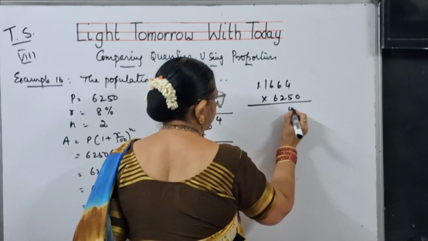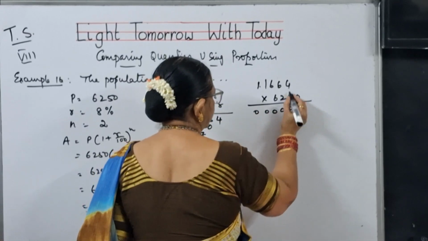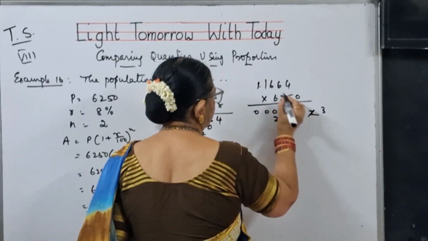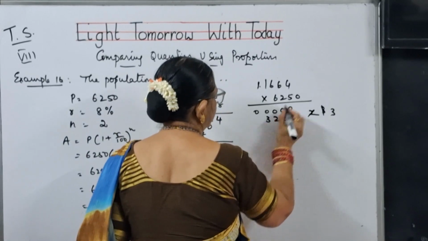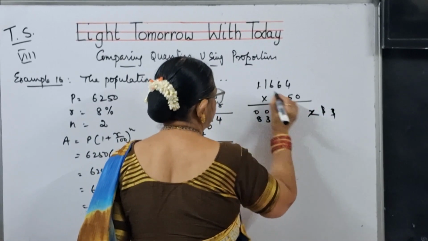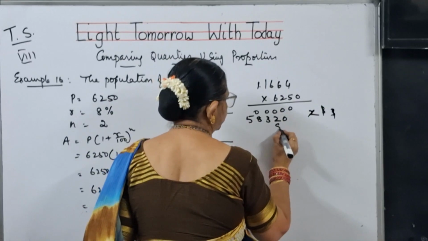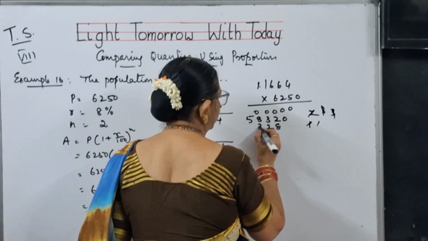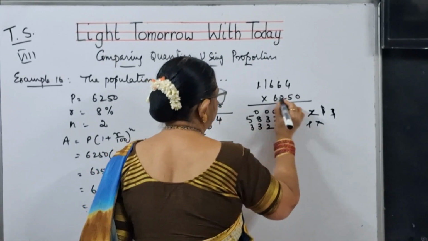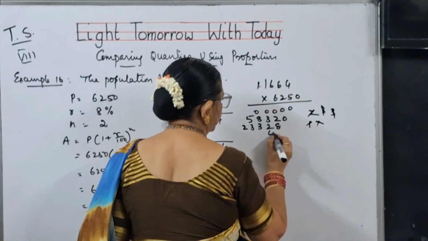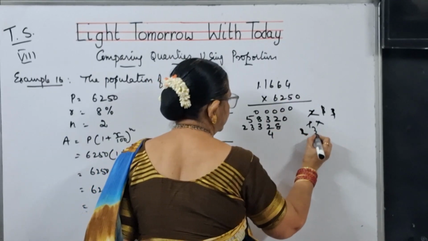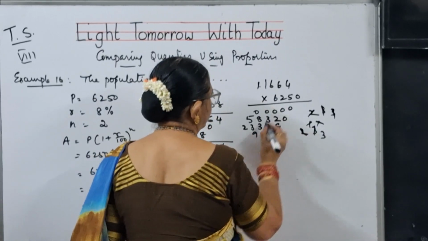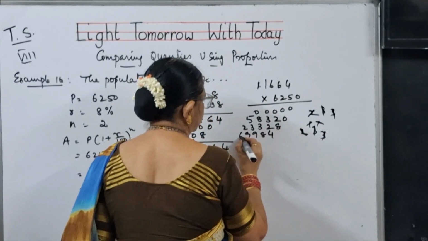This should be multiplied with 6250. So 5 fours are 20. 5 6 are 30 plus 2 is 32. 5 ones are 5, 5 and 3, 8. 2 fours are 8. 2 6 are 12. 2 ones are 2, and 1 is 3. 6 fours are 24, 6 6 are 36. 6 1 are 6.